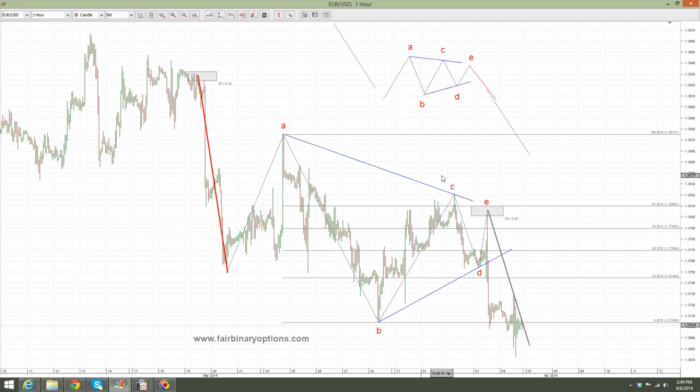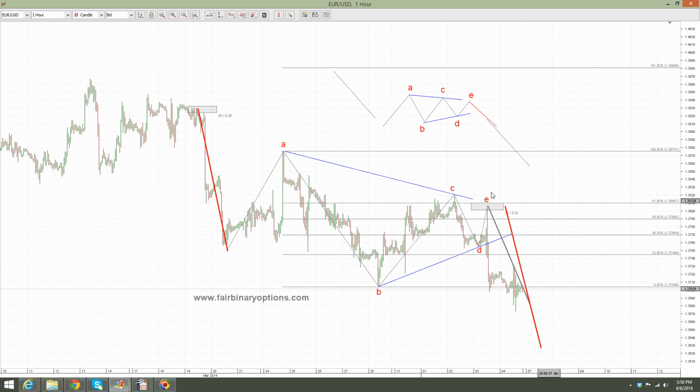Now, because the thrust of the triangle comes, it validates the triangle. It is a triangle that acts as a continuation pattern in the sense that the previous bearish trend, or the trend prior to the contracting triangle, broke to the downside or continued after the triangle has been completed.